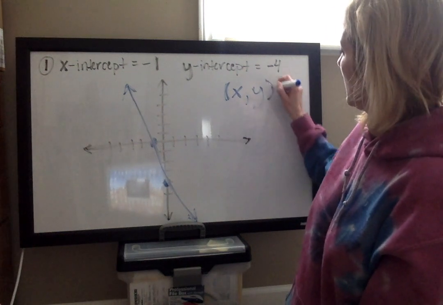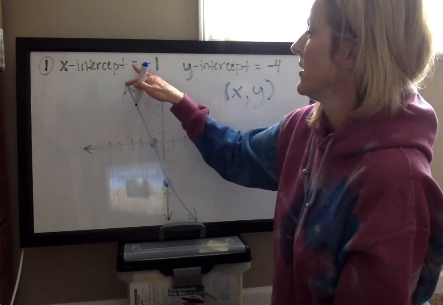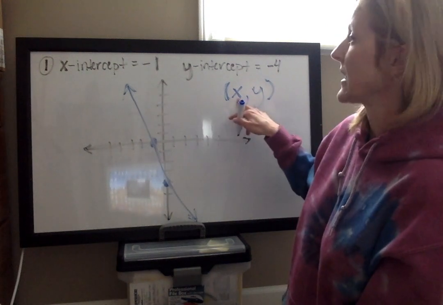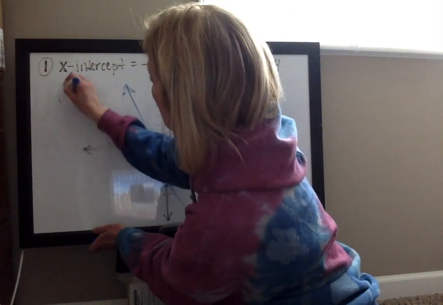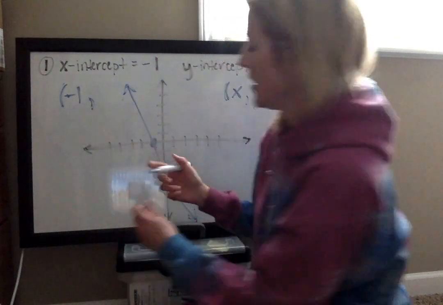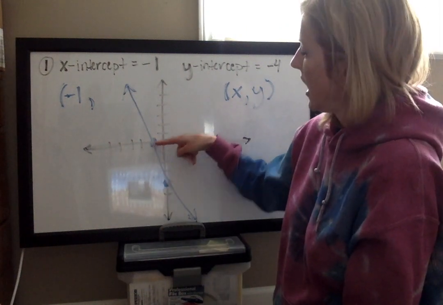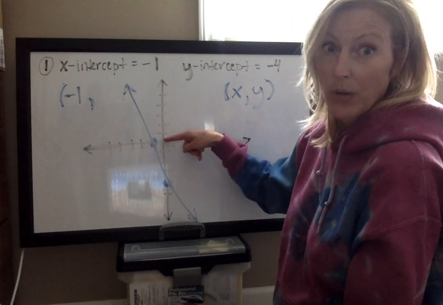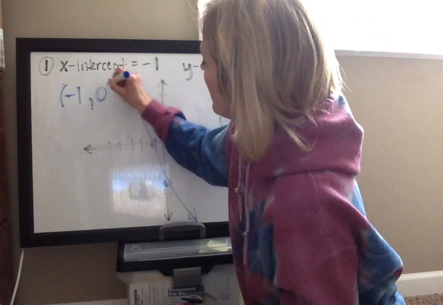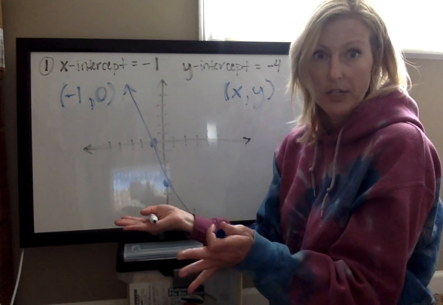To write the x-intercept in ordered pair form, we already know the x is going to be -1. But what is my y when the line is going through the x-axis? Well, the y is going to be 0. So that's ordered pair form: (-1, 0) with parentheses around it.